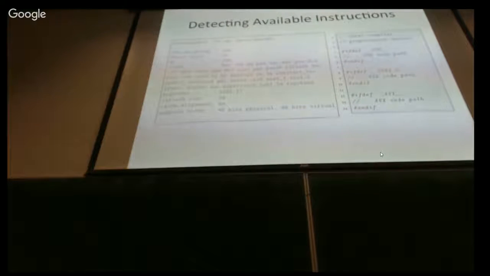For detecting available instructions, you can do this by doing cat /proc/cpuinfo. You can determine what instruction sets are supported by the processor that we're working on. And then by way of ifdefs, you can develop your software such that it'll go down a certain code path if SSE is supported on the platform, or a separate code path if AVX-512 is supported.